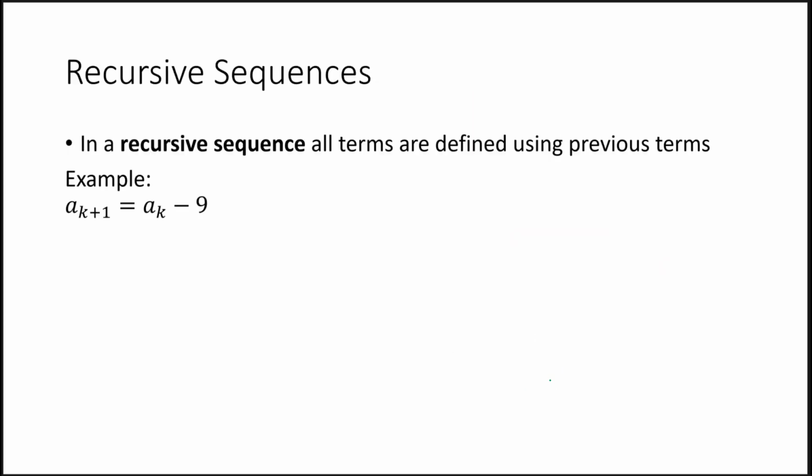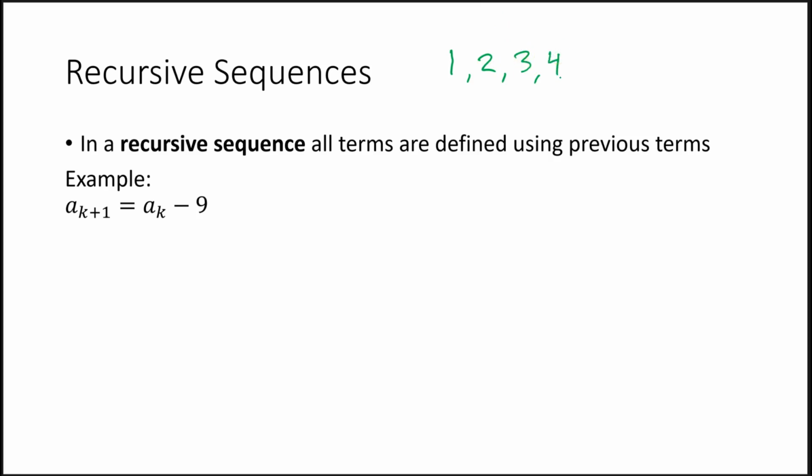Alright, now we're going to go ahead and talk about recursive sequences. Recursive sequences are sequences where all terms are defined by using the previous term. So if I say I'm going to add 1 every single time, then I have 1, 1 plus 1 is 2, and then I use 2 and say 2 plus 1 is 3, and then 3 plus 1 is 4.